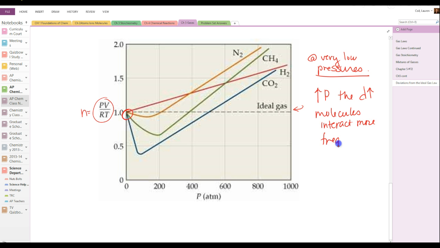And when that interaction happens, the intermolecular forces, the attractive forces between those two molecules, will come into play. So the attractive forces, as we increase pressure, the density goes up and the molecules interact more frequently. The attractive forces are no longer negligible. They're significant enough to have an effect on motion.